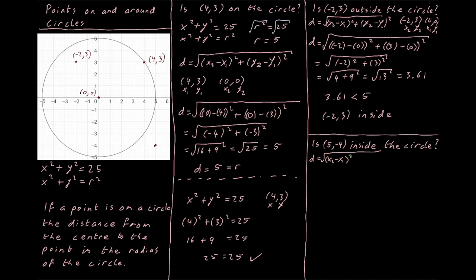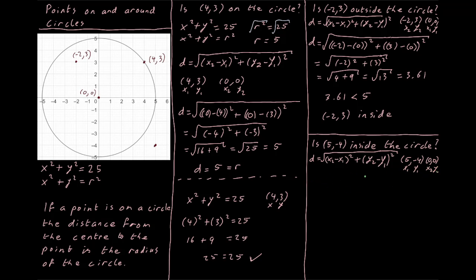From our log tables, always make sure to check this formula in the log tables because it's fairly long and complicated. And we write down our points, 5, minus 4 and 0, 0. So we're testing the distance between the point and the center of our circle. I'll call this x1, y1, and x2, y2.